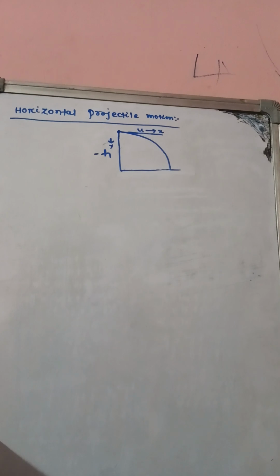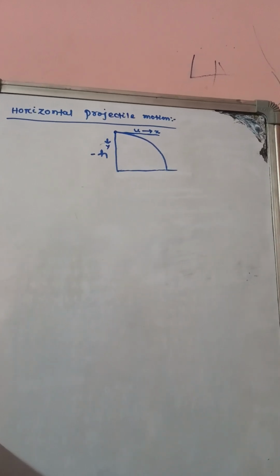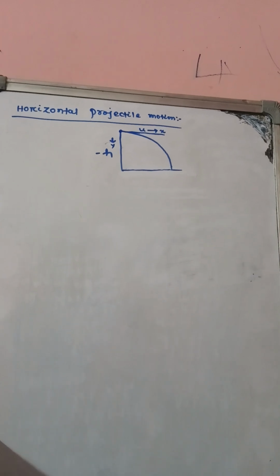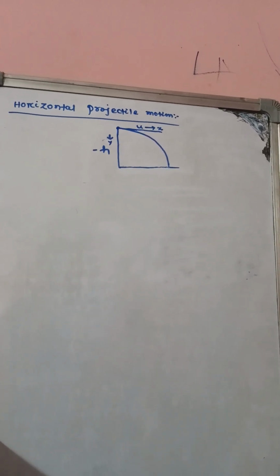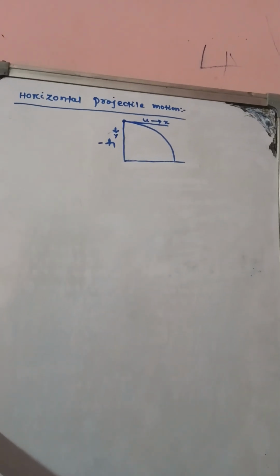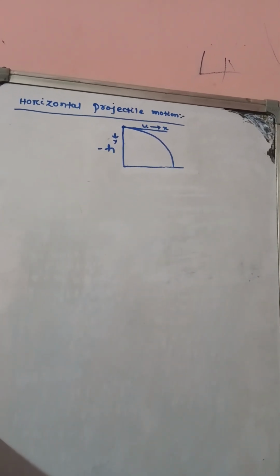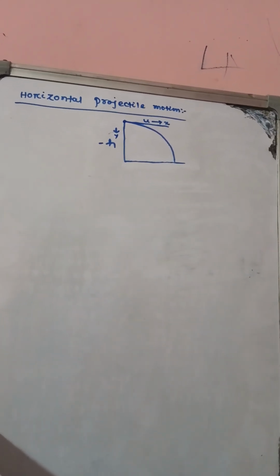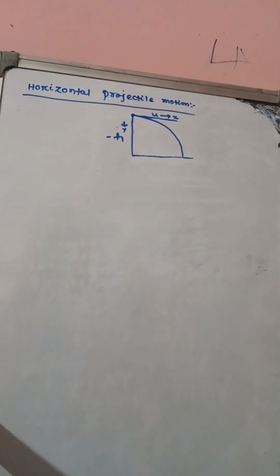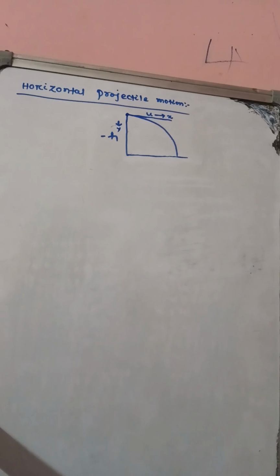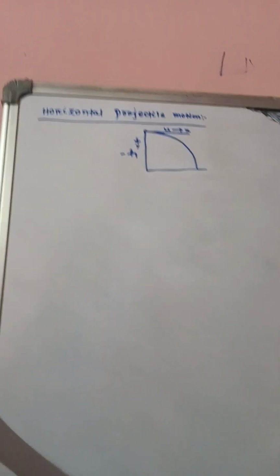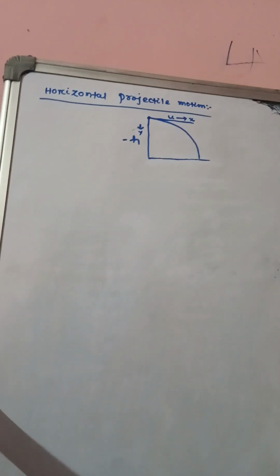Velocity u in the horizontal direction is uniform and is imparted to it by the agent which projects it. Velocity in the vertical direction is non-uniform and increases due to g. The initial value is 0.